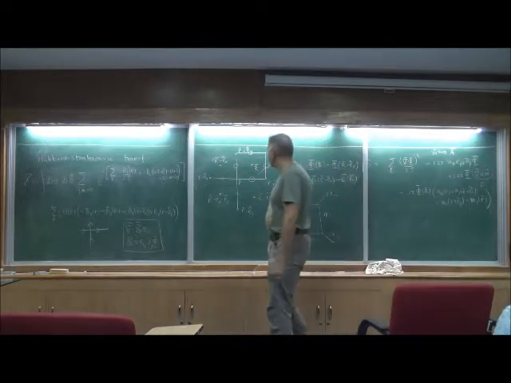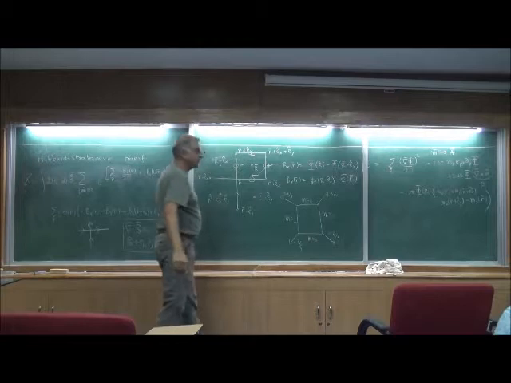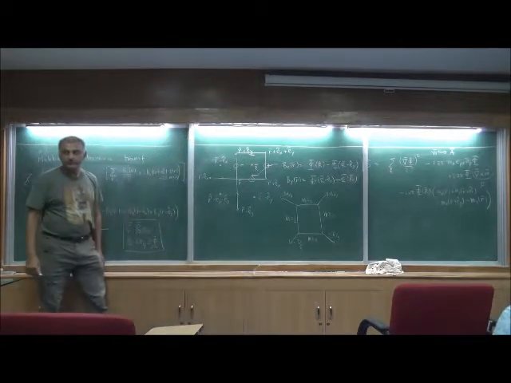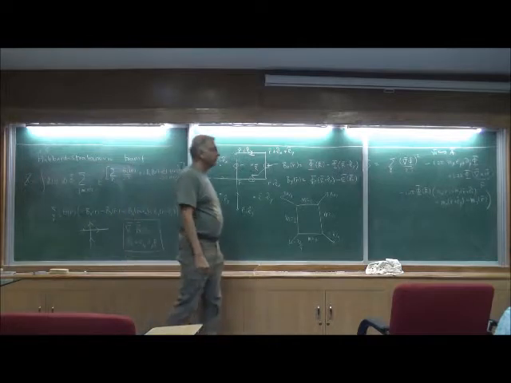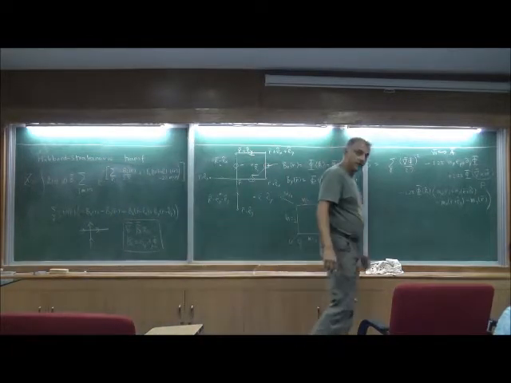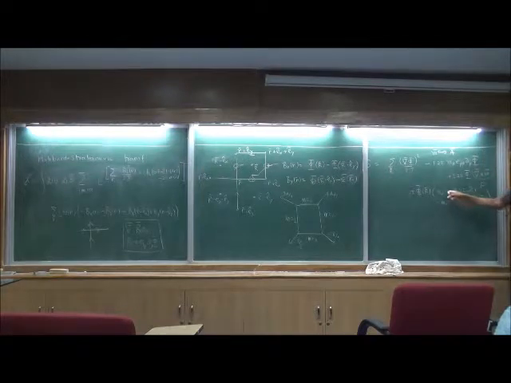Okay? So these two bonds appear with the plus sign, those two bonds appear with the minus sign. And that is exactly the curl. You can see that this is like minus d by dy of mx, and this is plus d by dx of my. Okay? So that's what it is.